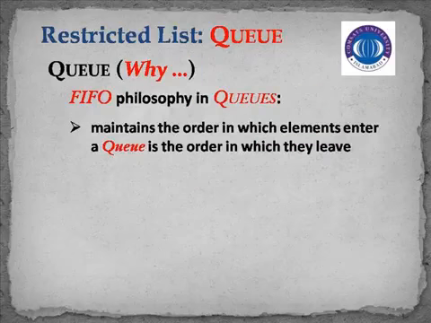Dear listeners, the reason behind the deployment of the queue is the philosophy that the queue maintains the order: the order in which elements enter a queue is the order in which they leave. This is called first in, first out ordering, or simply FIFO strategy.